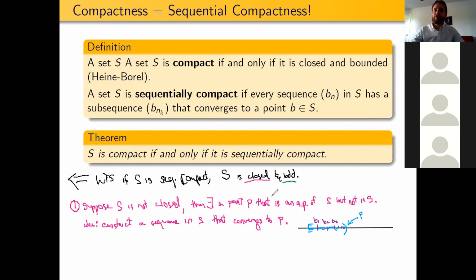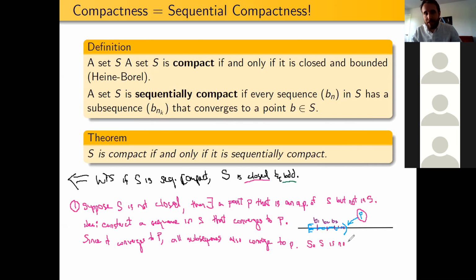So we can construct a sequence in S that converges to P. Since b sub n converges to P, every subsequence of b sub n also converges to P. We can conclude that there does not exist a subsequence that converges to a point of S, because every subsequence converges to P, and P is not in S. So S is not sequentially compact.